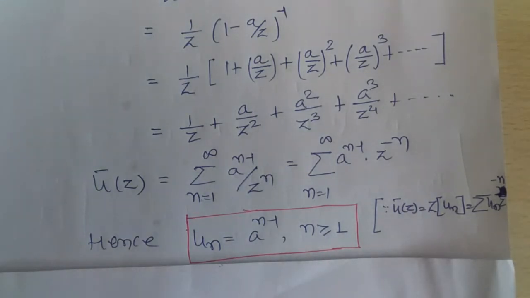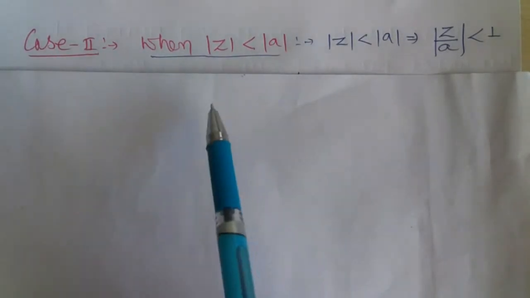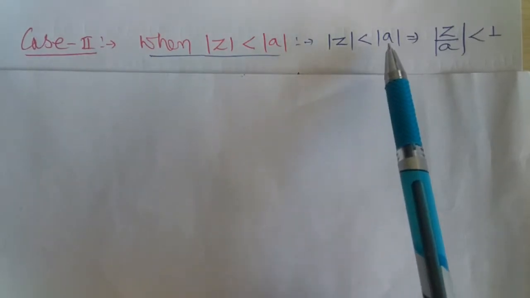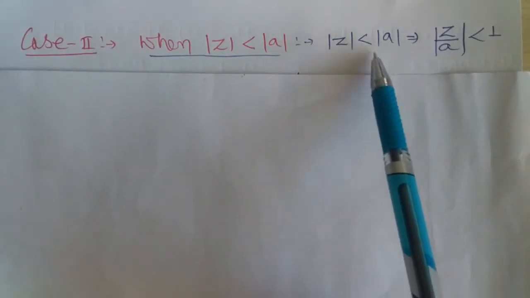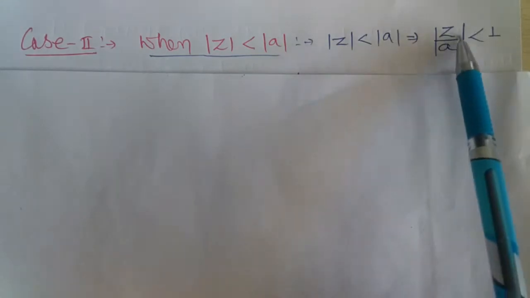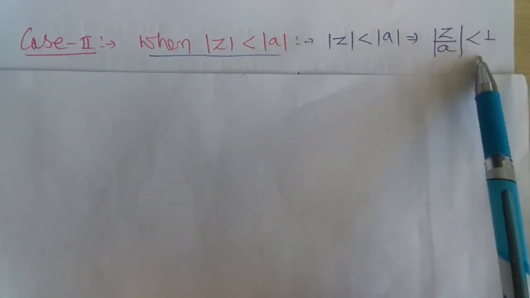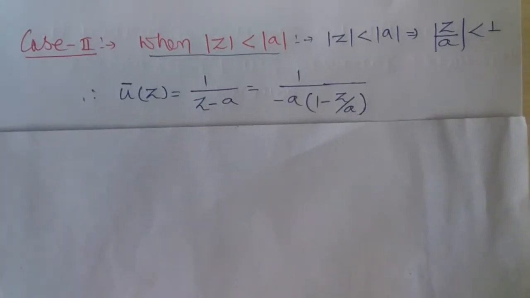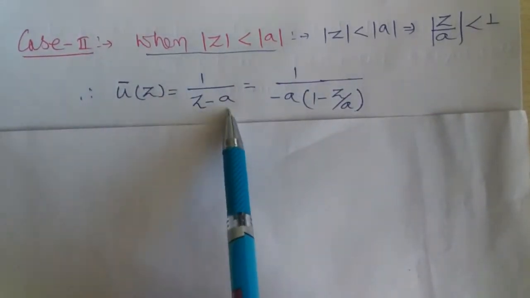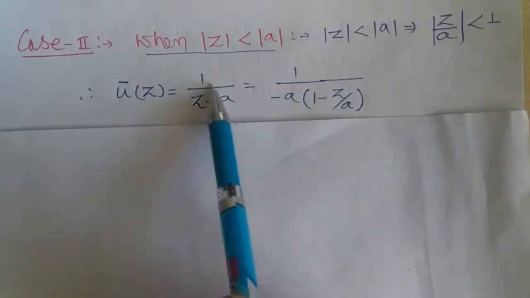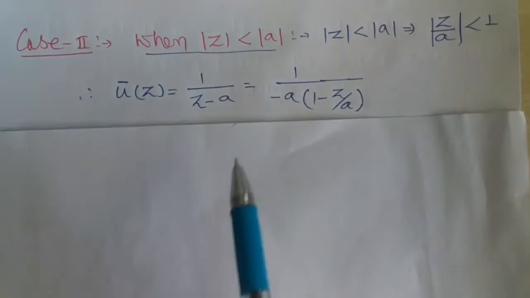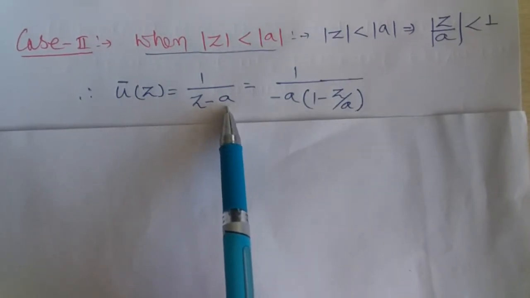Now we find the inverse Z transform when the region of convergence is mod Z less than mod A. So case second is when mod Z is less than mod A. And since mod Z is less than mod A, we have mod Z by A is less than 1. Therefore, given U bar Z is 1 upon Z minus A, and we expand this expression in terms of Z by A, so we take minus A common from the denominator.